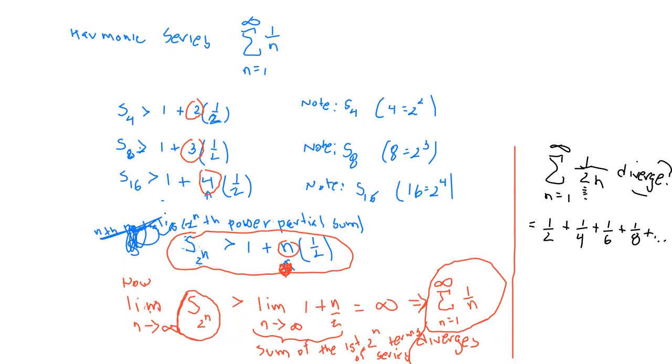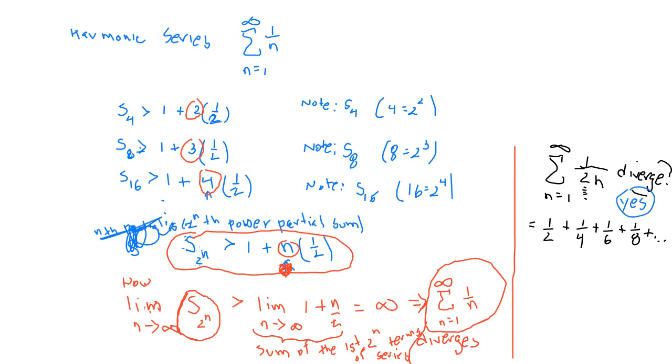Maybe at some point I can do a tally on the blackboard where everybody gives thumbs up or thumbs down, and I get a summary of the results, like 10 people thought it converged, 9 thought it diverged. But we won't worry about that now. The answer is yes, it diverges.